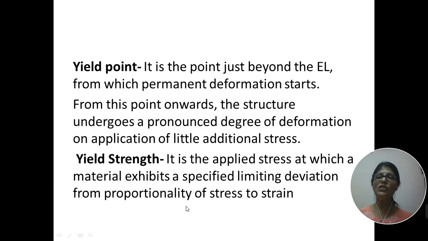And what is yield strength? Strength is nothing but the maximum stress which is necessary to fracture a material. So it is the applied stress at which the material exhibits a specified limiting deviation from proportionality of stress to strain. So it is the point just beyond the elastic limit from where the plastic deformation starts.